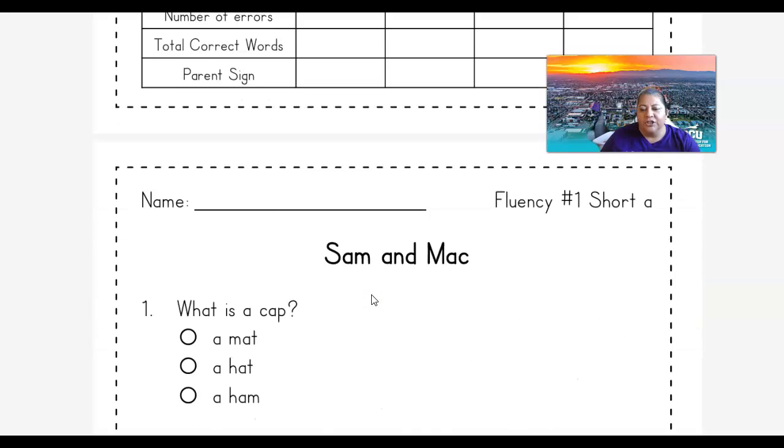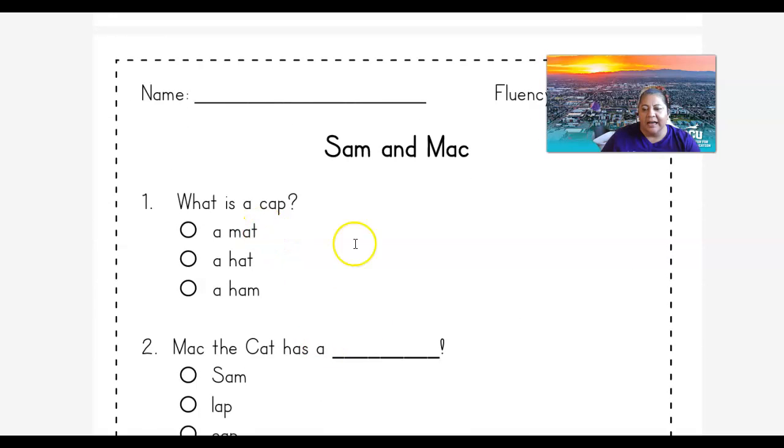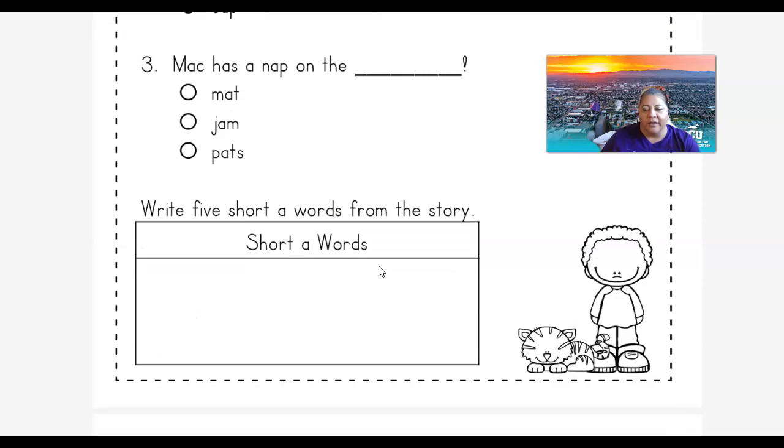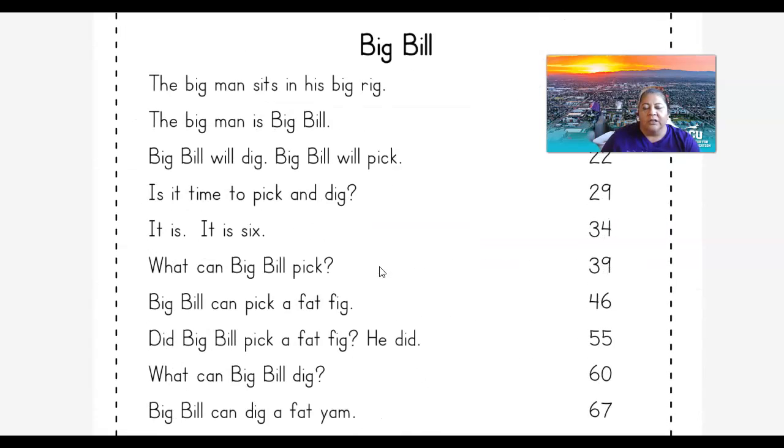Then the comprehension section is just that, questions regarding what they read. So let's look at this. Let's say that the student was reading this and you're timing them and you're looking not just for the rate but for the accuracy. So when they read this and they say "the bad man," well, if they said "bad," you would cross that word out and then write up here what they said.